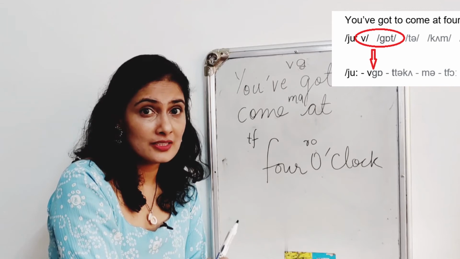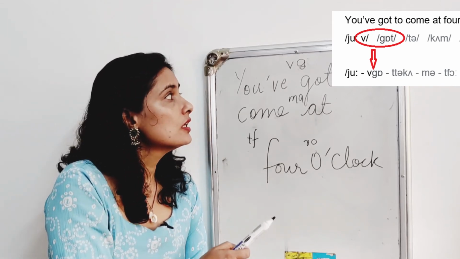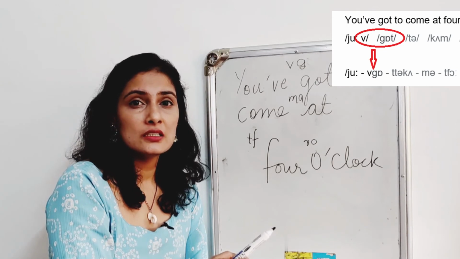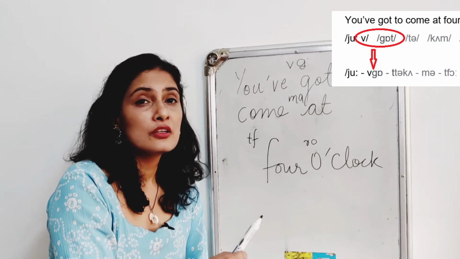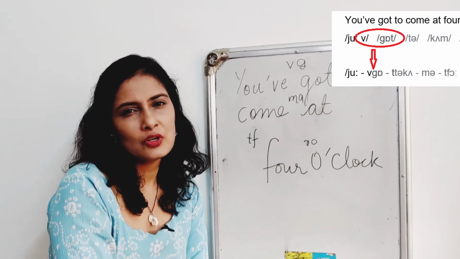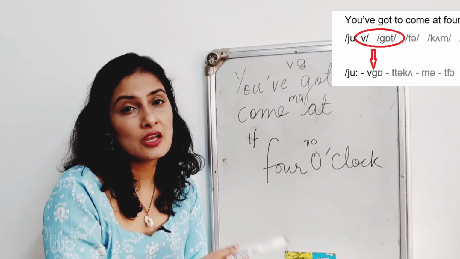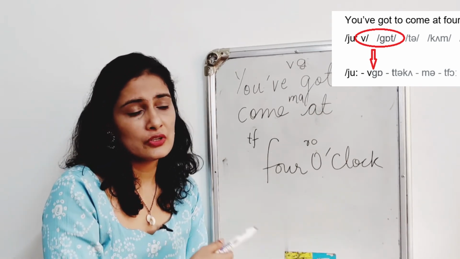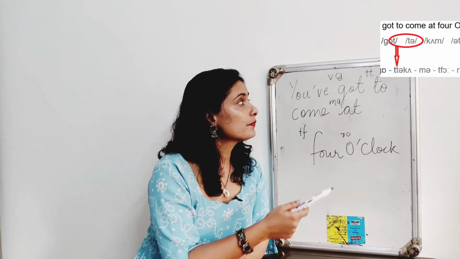That's a continuous consonant. It continues. G. "You've got to." It's a stop consonant. Not a problem because the continuous consonant gives you a little bit of connection. So you can move into the other sound easily.